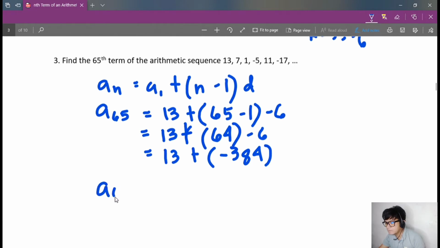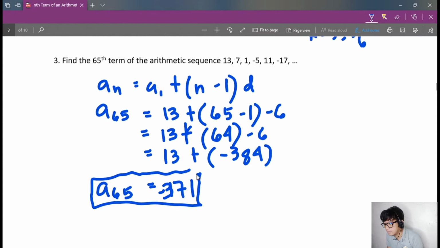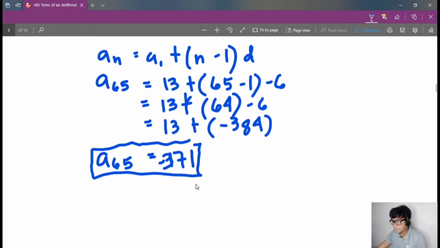And lastly, A sub 65 is equal to 13 plus negative 384. So, negative 384 plus 13, so we have negative 371. So, this is our 65th term of the arithmetic sequence 13, 7, 1, negative 5, negative 11, negative 17. Okay? Let's proceed to number 4.